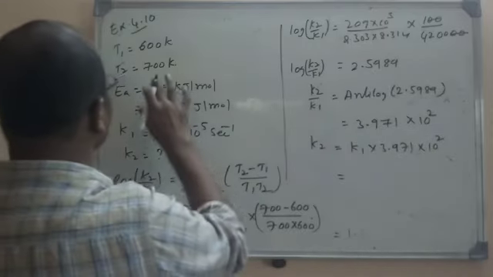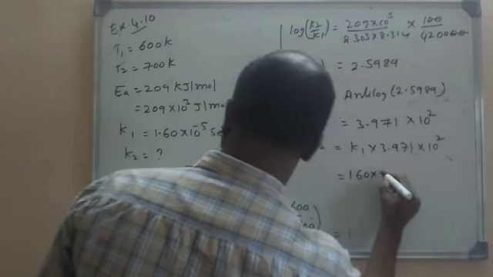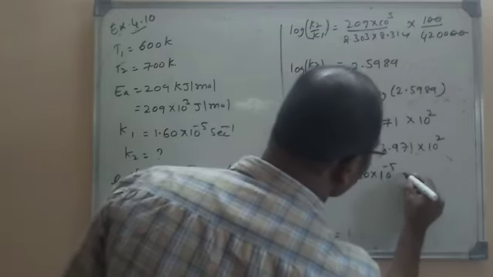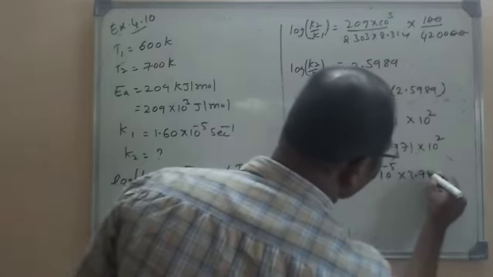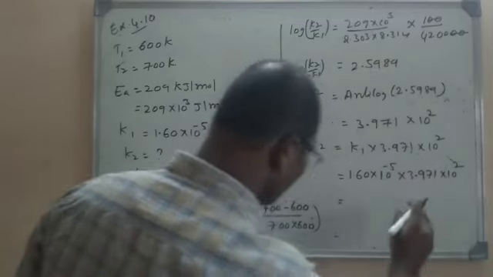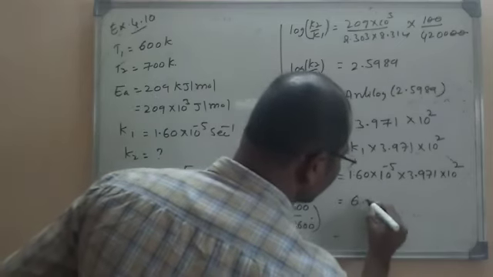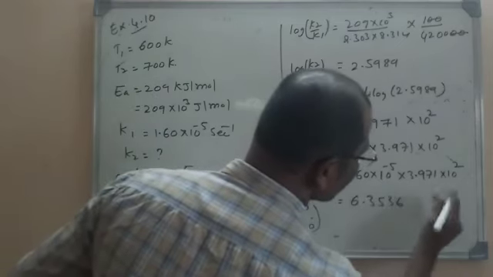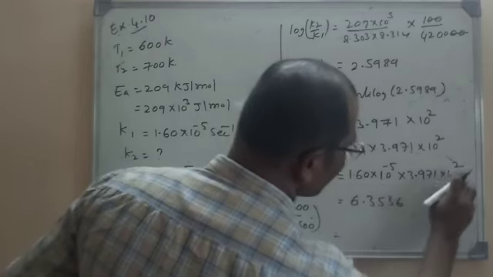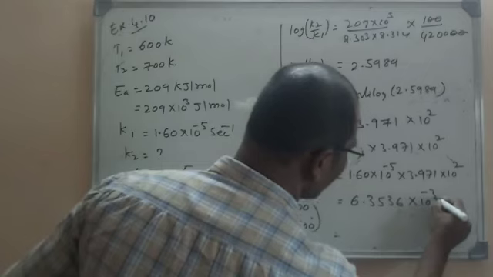But what is the K1 value here in this problem? It is 1.60 into 10 power minus 5 into 3.971 into 10 power 2. So on multiplication, what do we get here? 6.3536, this product, and 10 power 2 minus 5 is 10 power minus 3.